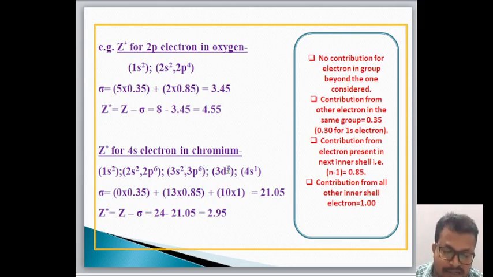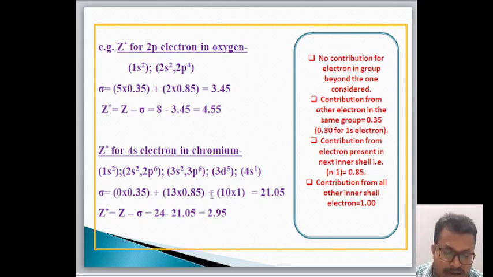So 13 electrons are there, and the contribution from these will be 0.85. So it becomes 13 into 0.85. Then from the rest of the groups in which electrons are present, the contribution will be 1. So total 6 plus 2, 8, 8 plus 2, 10. Ten electrons are there, so the contribution will be 10 into 1.